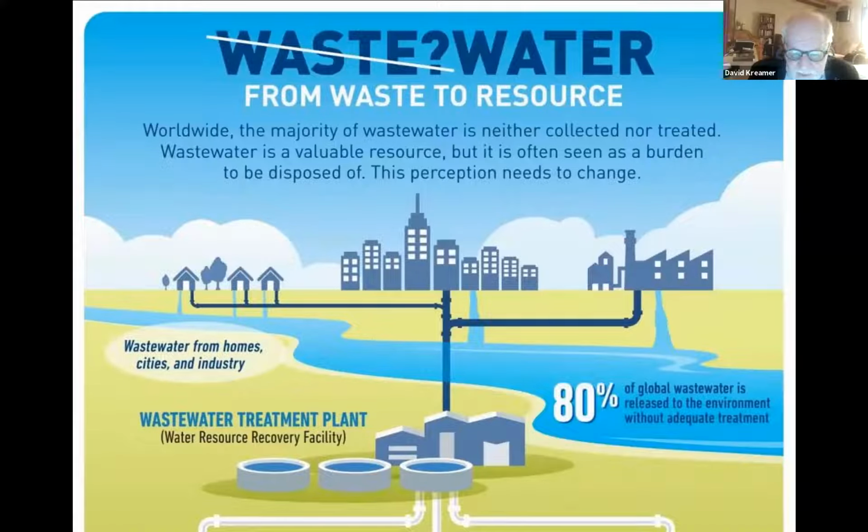To be able to take this water and treat it to a higher standard and then reuse it in many different forms, in agriculture, in irrigation, but also in industrial processes, particularly for cooling industrial processes and power generation, is something that really is a strong water conservation element. It's been used in the Colorado River Basin extensively. So the reuse of wastewater is one key element in the fight against drought.